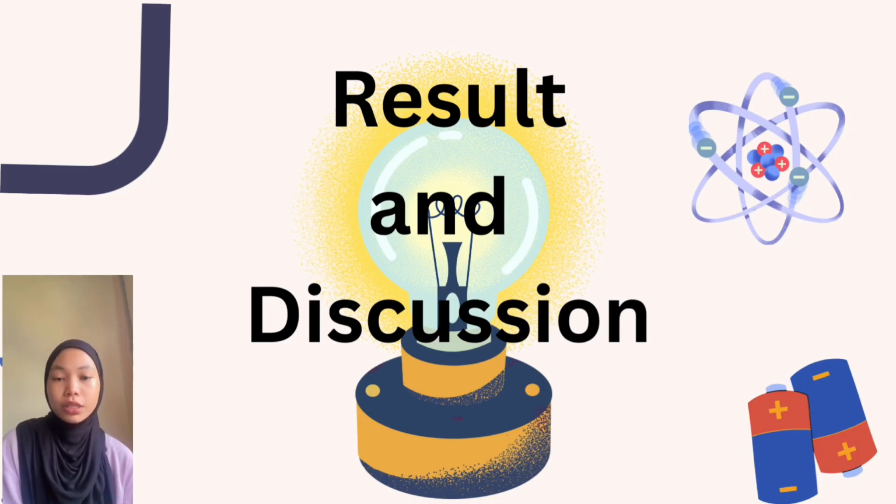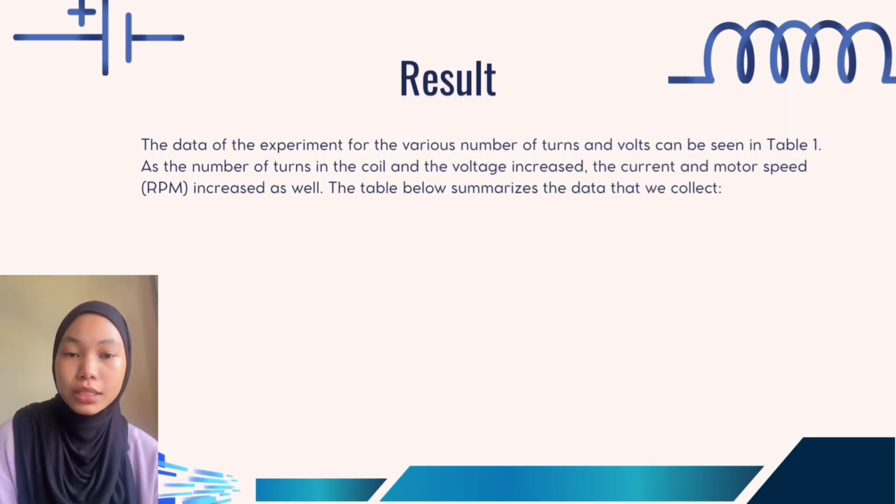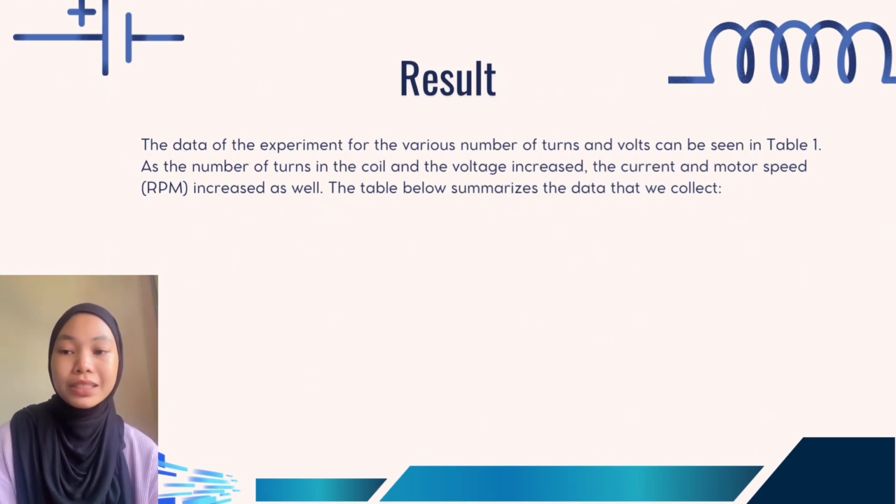And now, I'm going to present chapter 4, which is result and discussion. As you can see in table 1, we decided to put our number of turns as 10, 30 and 50, and the voltage we use is 1.5 and 3 volts. For the current, we use an analog multimeter to measure current, and for speed, we use a laser tachometer.